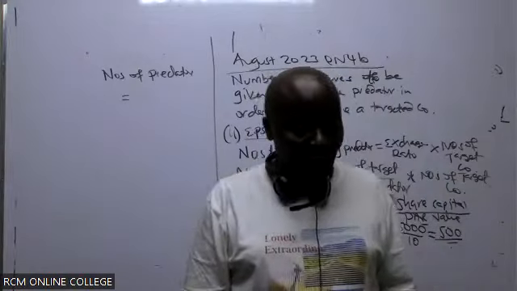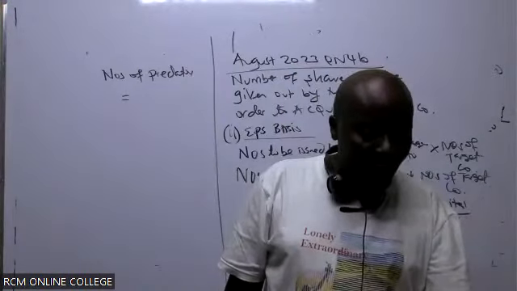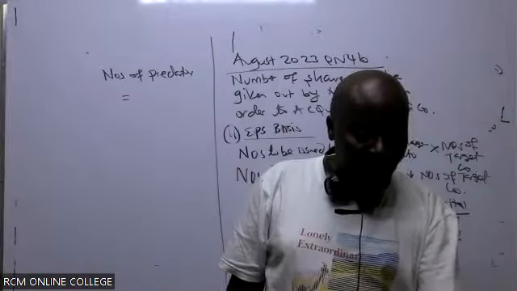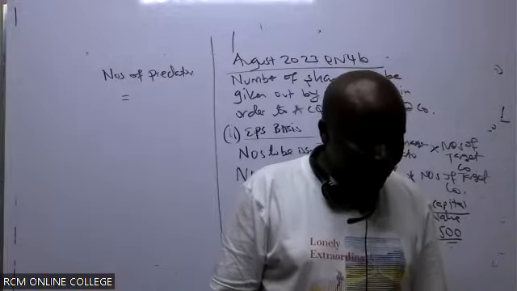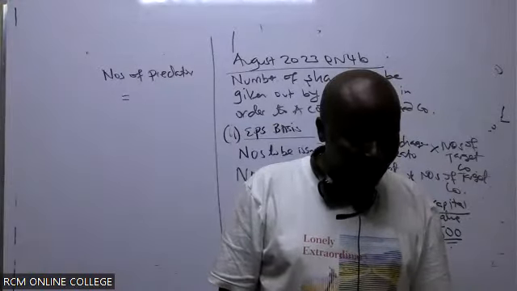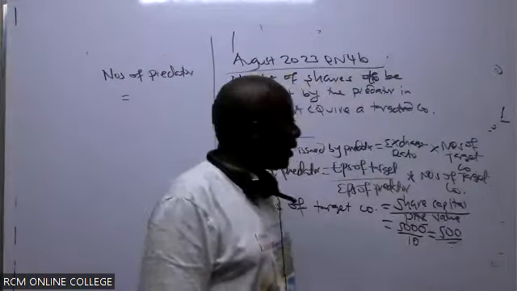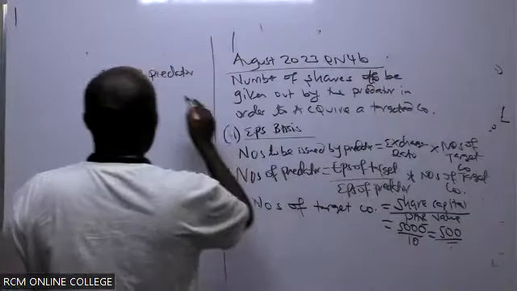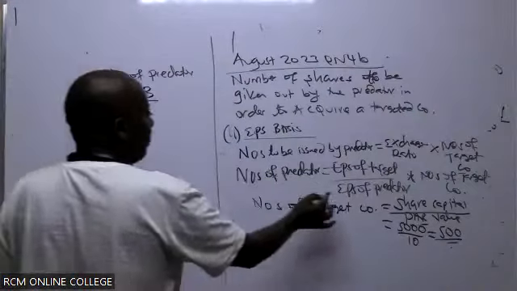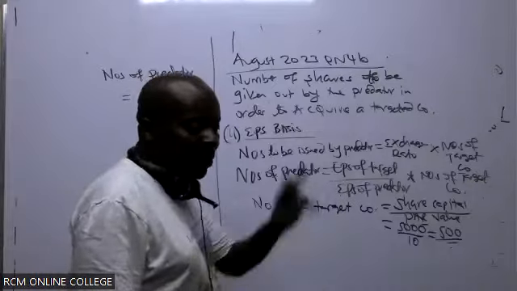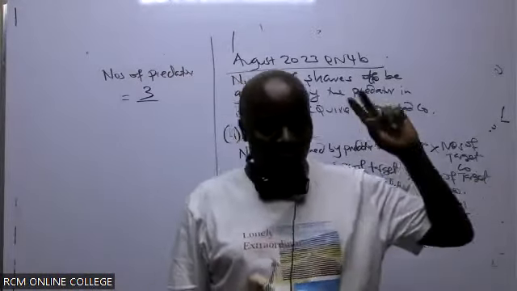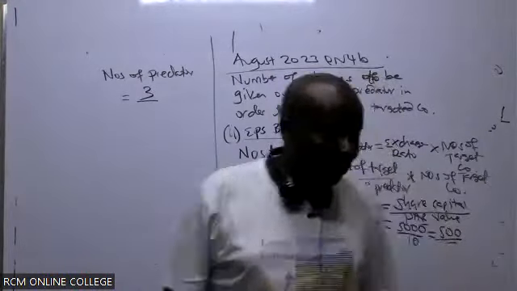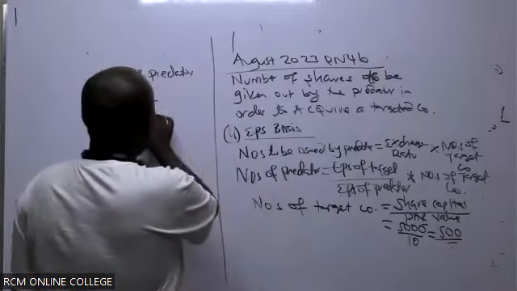So are you able to see the current EPS of Bero? Current EPS of Bero is how much? It is 3. Current EPS of Bero, because I'm substituting your current EPS of the target. So 3 over EPS of the predator from table number 2, which is 2.4.